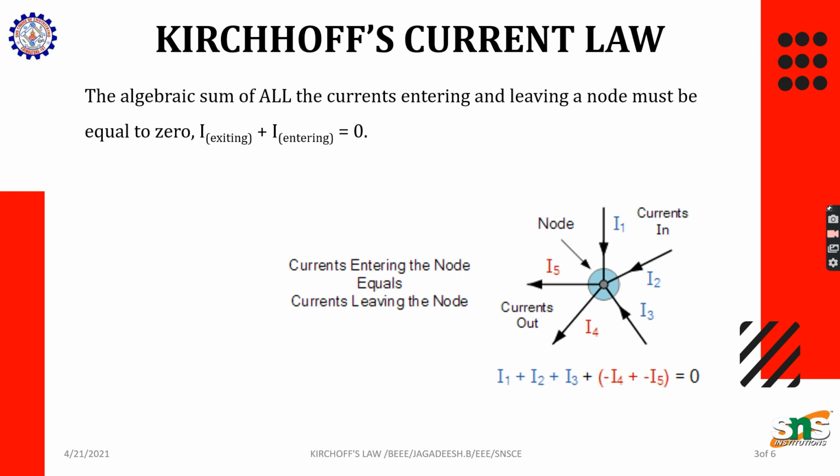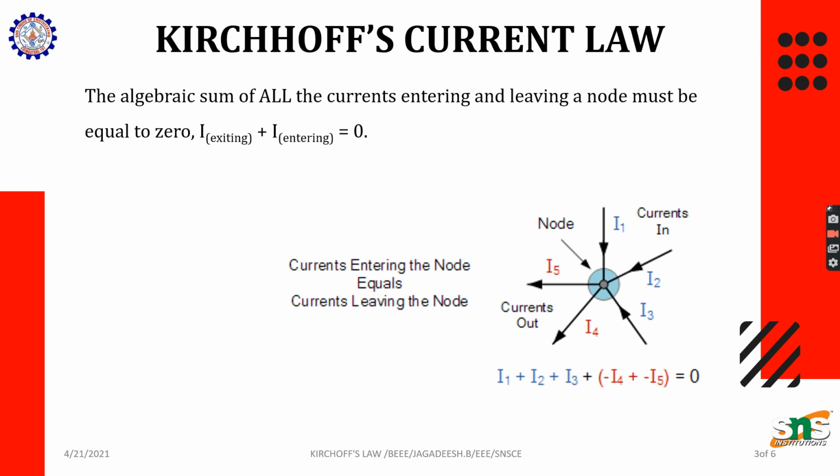Kirchhoff's current law states that the algebraic sum of all the currents entering and leaving a node must be equal to zero. A node is a point where all the circuit lines meet, as we mentioned in the previous video. There may be an incoming current and an outgoing current at the node.